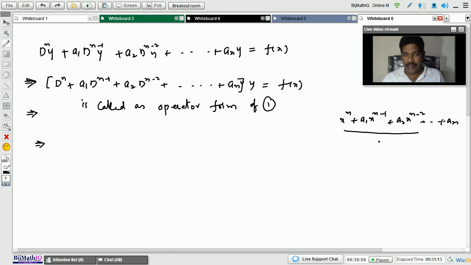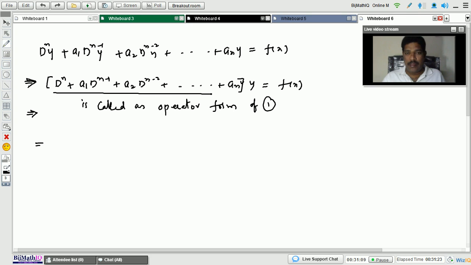This is an algebraic expression in terms of the x variable, where a1, a2, a3 and so on are all constants. In the same way, this is an algebraic expression in terms of the D variable.